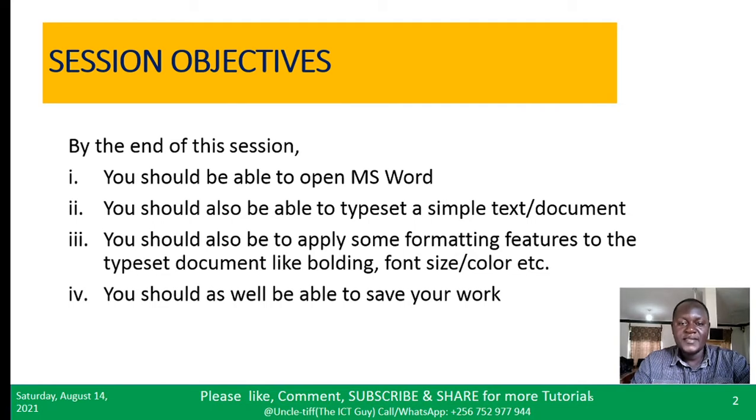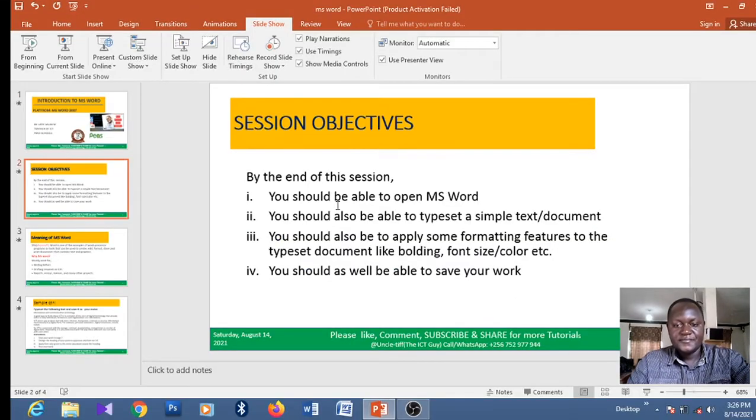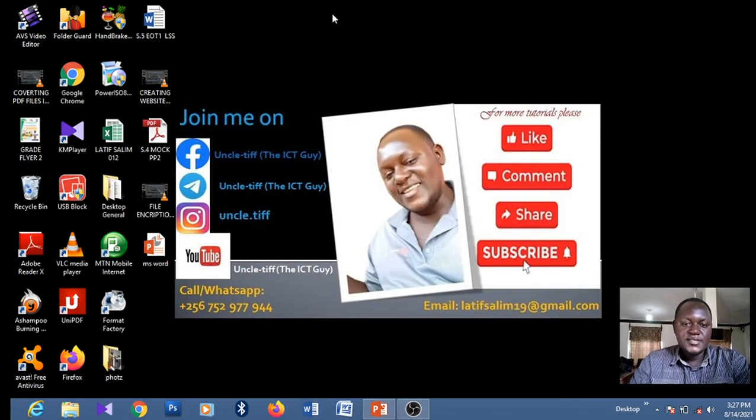So how do you open this program? More so if you are a beginner, if you're new to this, how do you open MS Word? I want to take you through how you can open MS Word. If you can see my screen here, there are so many ways how you can open MS Word, but I just want to take you through the simple steps.